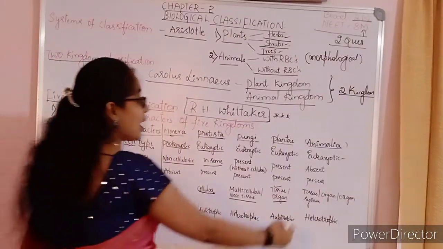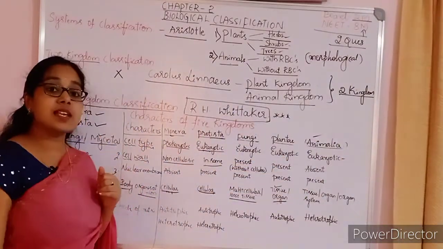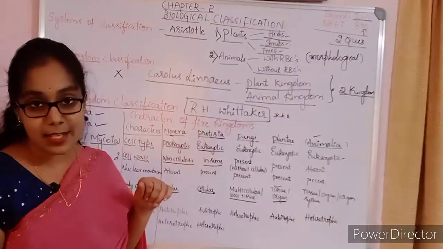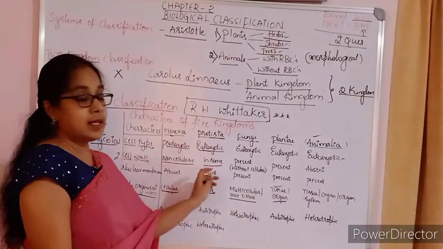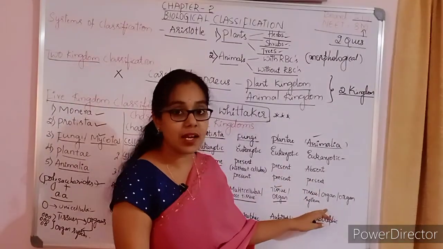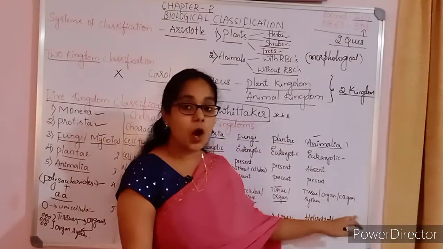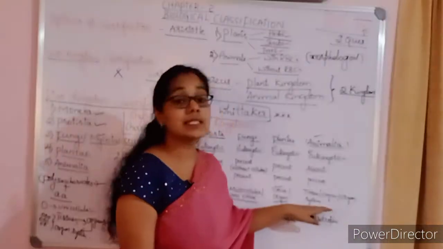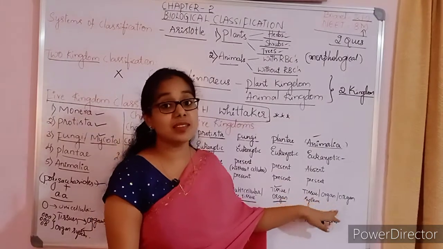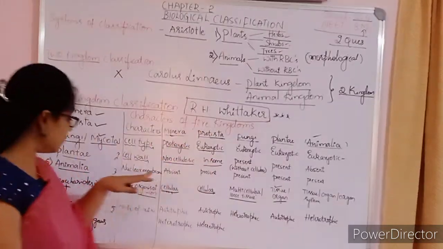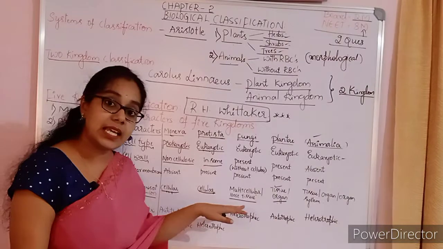Coming to Animalia, which includes highly evolved organisms, since they are multicellular, you can see tissues. Tissues are forming organs. Organs are also forming organ systems. So this is nothing but evolution. See here how the organisms are getting evolved.